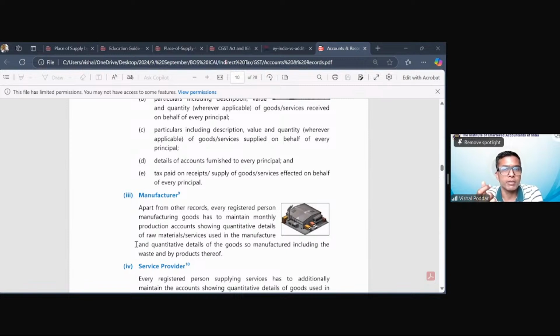So I was just thinking, how can ICI move out of ICI? Later on, when I read this question twice, I understood the intent of this question is related to my previous point where I mentioned that 80% of your paper is from the module. So I think that is what Anil wants to know, that it will not happen, that ICAI will go out of the module and ask something else.